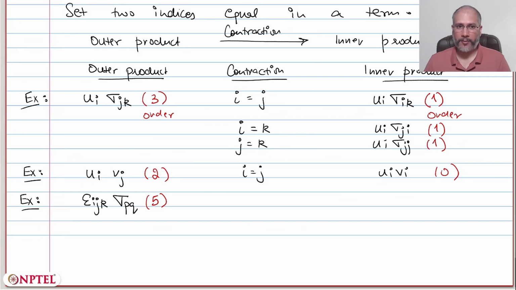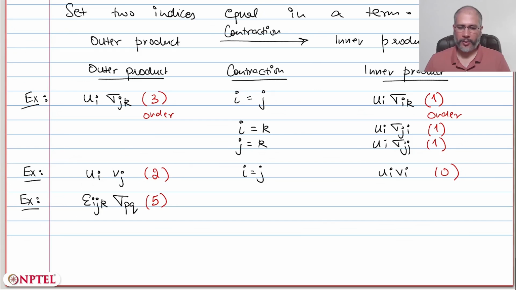So the order of this term epsilon_ijk sigma_pq, and you can consider epsilon to be a tensor here, although we'll discuss epsilon being a tensor later when we talk about the tensor transformation property, but for now you can assume that epsilon is a third order tensor. So what are the number of free indices here? We have i, j, k, p and q, which is 5. So this expression has a total of 5 free indices.